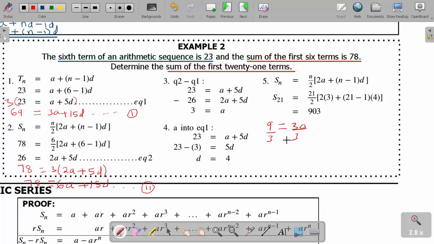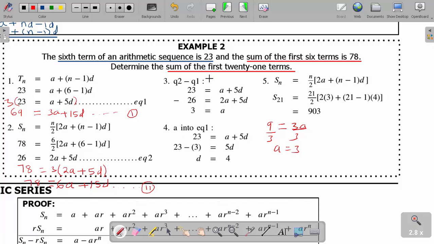After getting my a as 3, I come back to get my d. I can use the first equation again: 23 equals a plus 5d. Because my a is 3, I'm going to say 23 minus 3 equals 5d, which gives me d as 4.